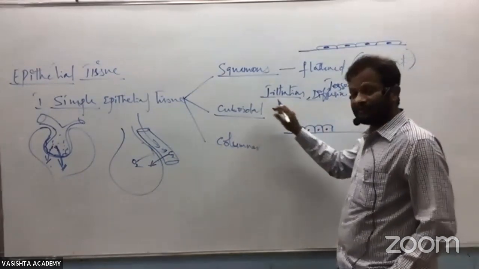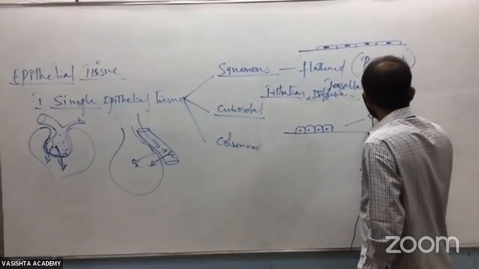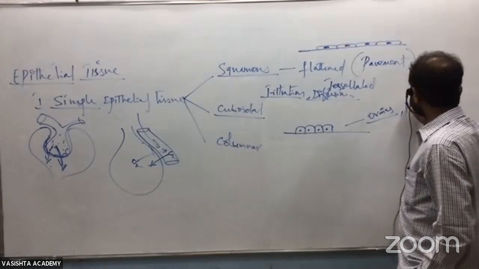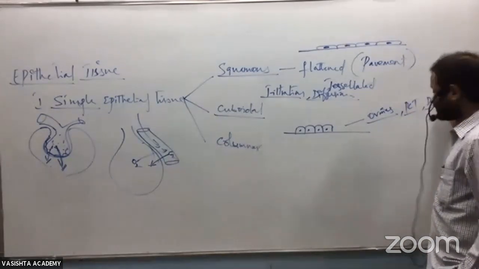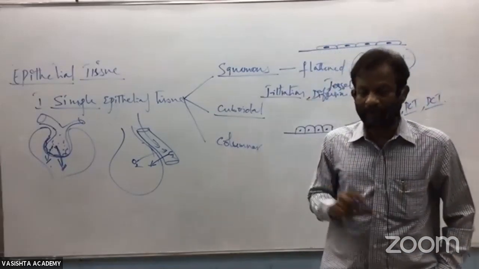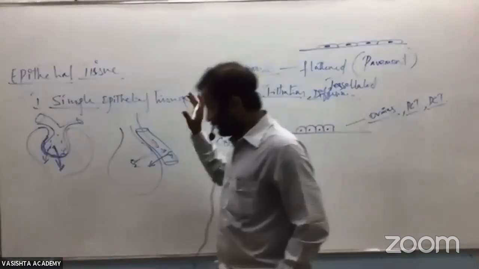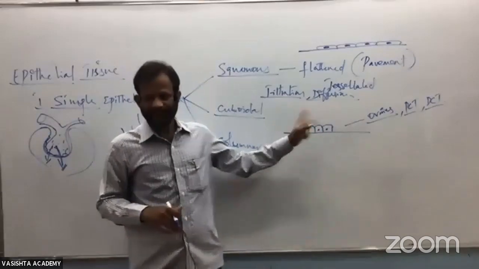This type of simple cuboidal, you can see in the ovaries, PCT, DCT. What about PCT, DCT? Proximal convoluted tubule, distal convoluted tubule. These two are the regions of the nephron. So in the same nephron, different regions are having different types of tissues.